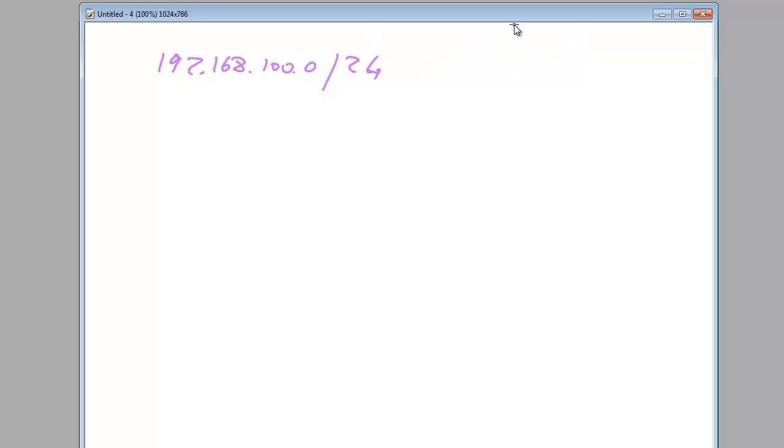In the real world, and for instance in job interviews and exams, it's almost impossible to ask a question like, take this IP address and divide it into 17 networks. It's not going to happen, because it's very difficult to form a question like that, and it takes a lot of time.